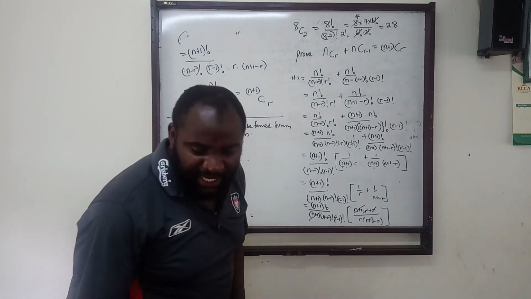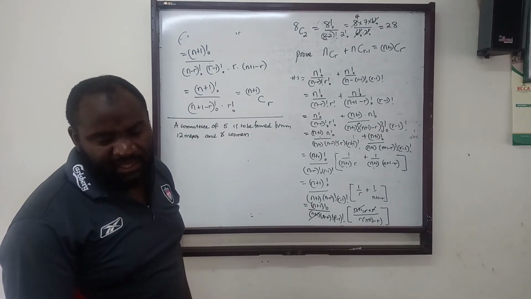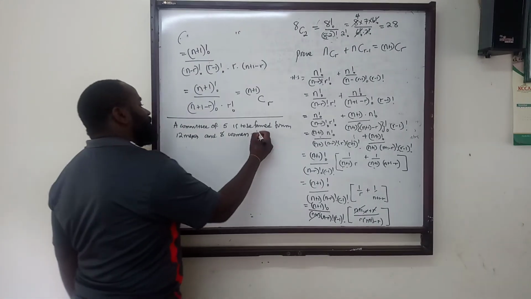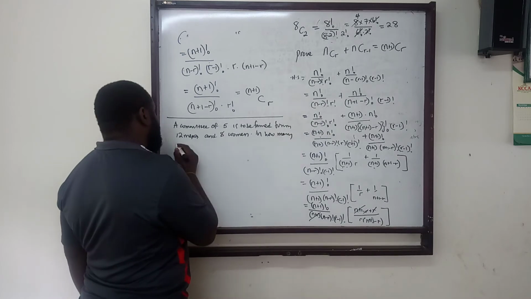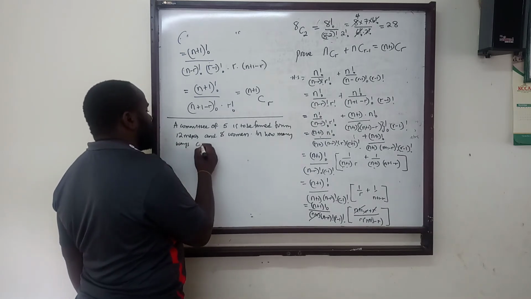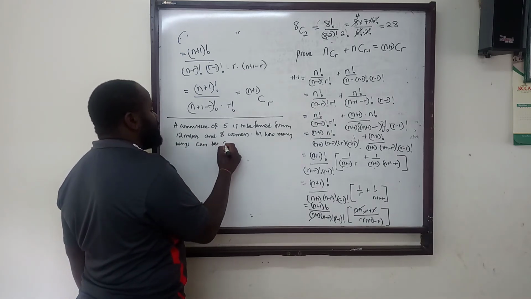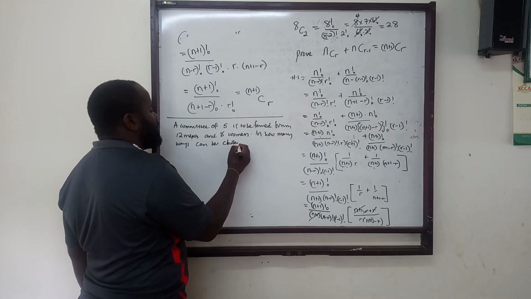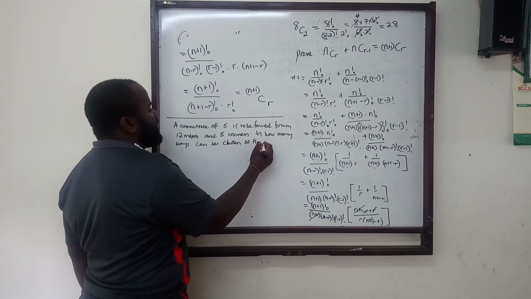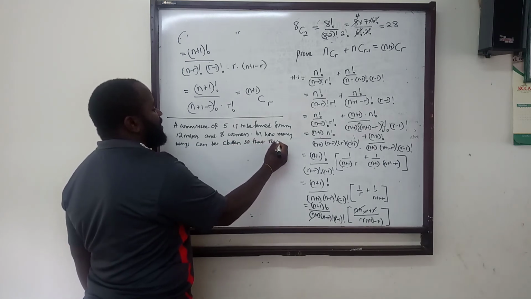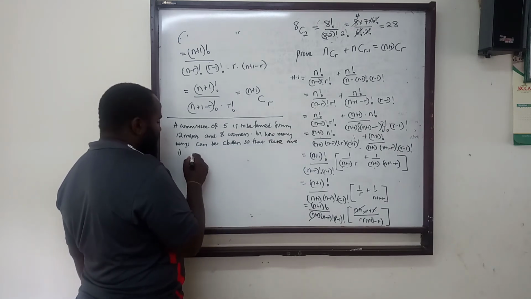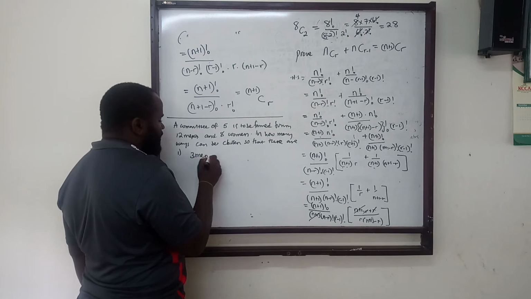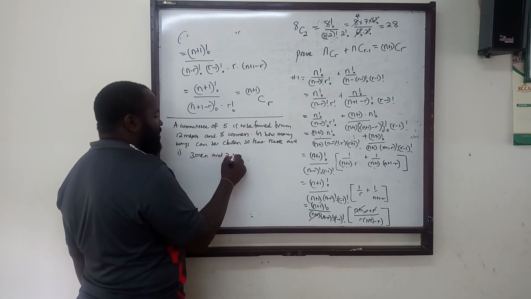In how many ways can a committee be chosen so that there are: 1, 3 men and 2 women.